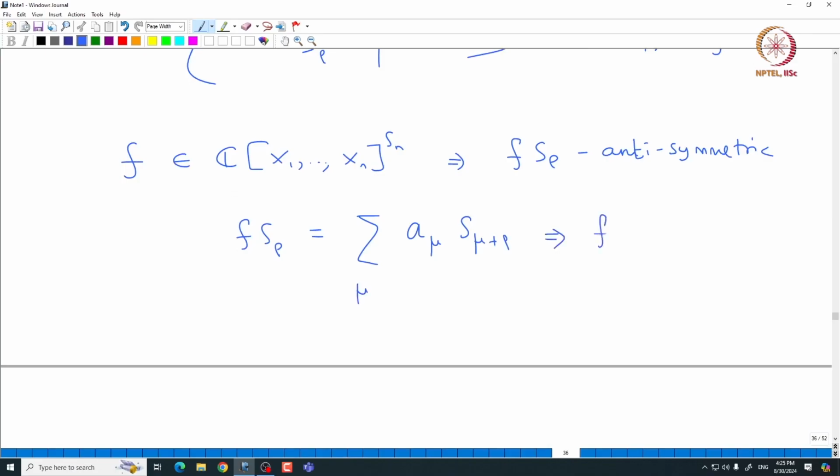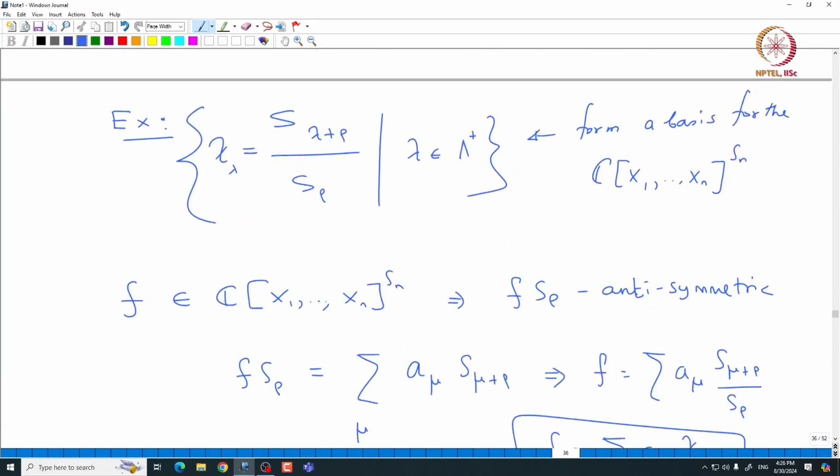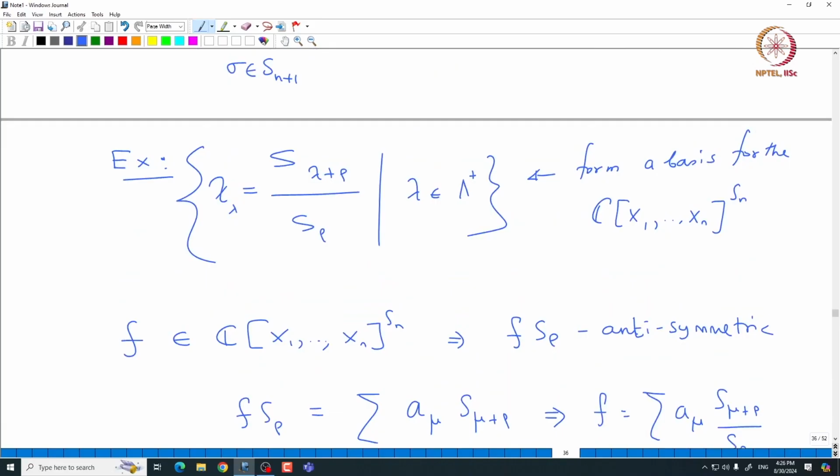Then this implies f can be written as the summation a mu S mu plus rho divided by S rho. So, that means f can be written as the summation a mu chi mu. So, this proves that any symmetric polynomial can be written as a linear combination of these Schur polynomials, and it is an easy exercise to prove that these Schur polynomials form a linearly independent set. So, that way you can prove that the set of Schur polynomials forms a basis for the set of symmetric polynomials.